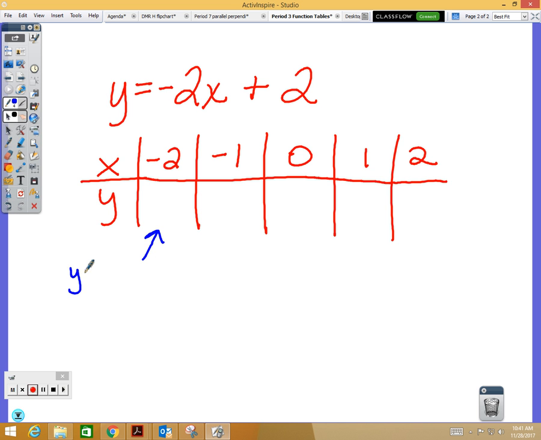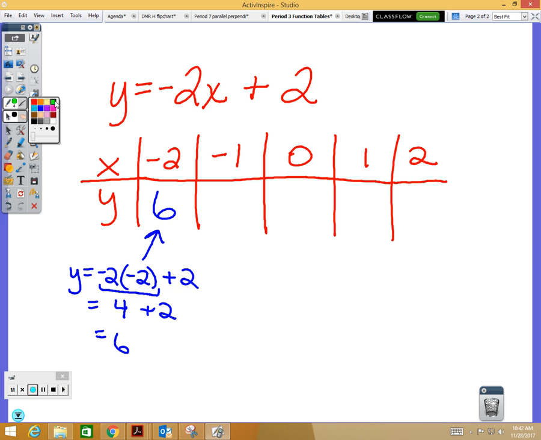So it's going to be y equals negative 2 times negative 2 plus 2. Okay, I'm replacing the x with a negative 2. That's the only difference I made in that equation up there. Right? All right. So negative 2 times negative 2 is a positive 4. And then 4 plus 2 is 6. So the y equals 6.